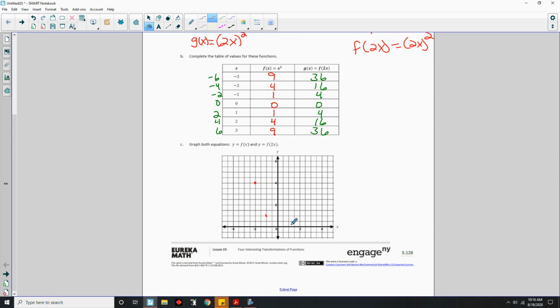We're going in 0.5 as our unit of measurement. Negative 1, 1 is what I just graphed. 0, 0 is the origin. 1, 1 is right here. 2, 4. And then 3, 9 would be off the grid. So then when I plot these and graph them, I draw a line through here.